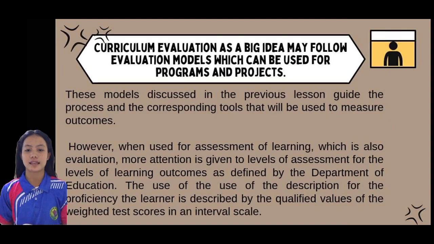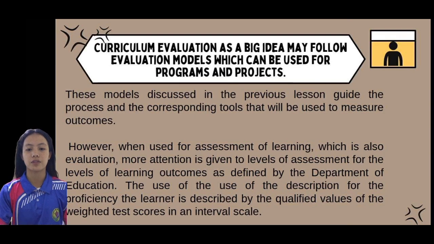The models discussed in the previous lesson guide the process and the corresponding tools that will be used to measure outcomes. However, when used for assessment of learning, which is also evaluation, more attention is given to levels of assessment.